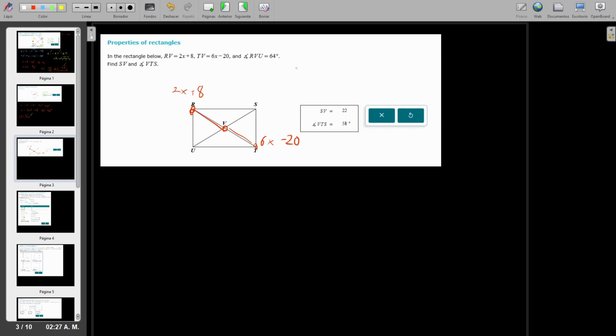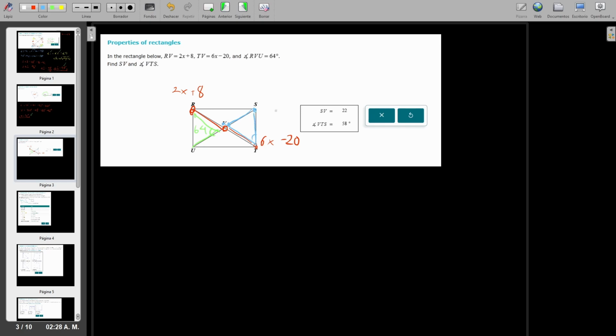And the angle formed by the segments R, B, and U, meaning this angle, equals 64. Now they're asking us to find the value of SB, this one, and the angle BTS, this angle.